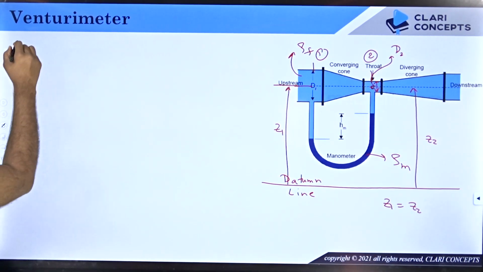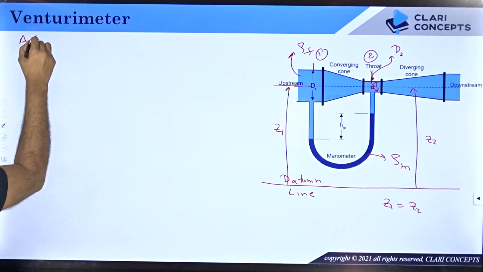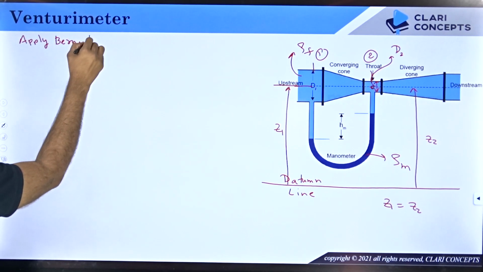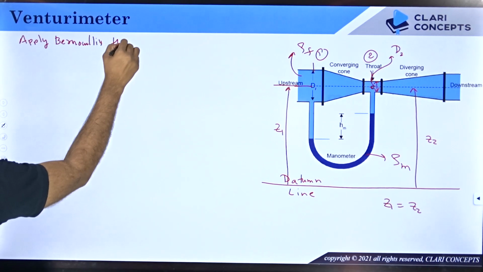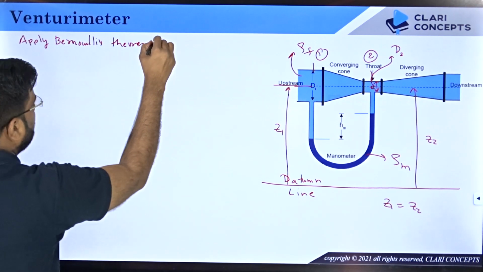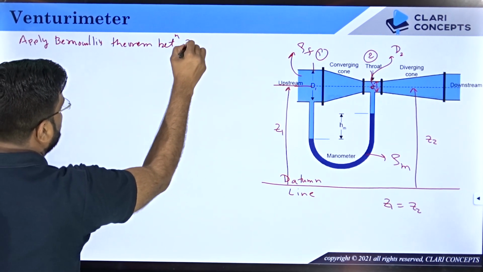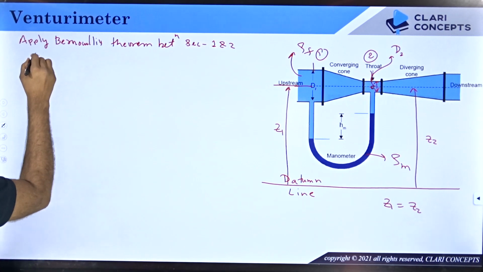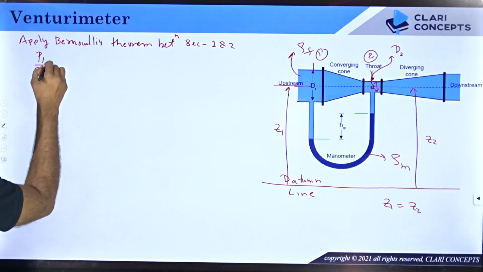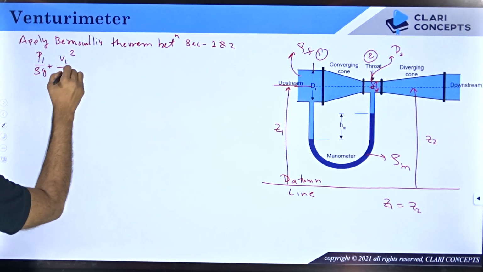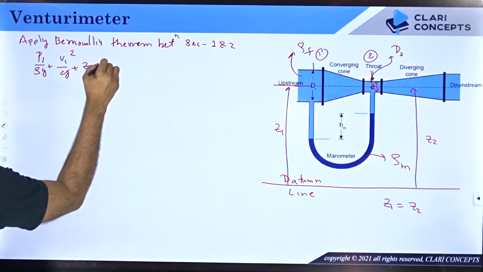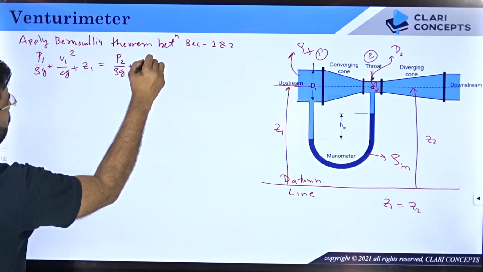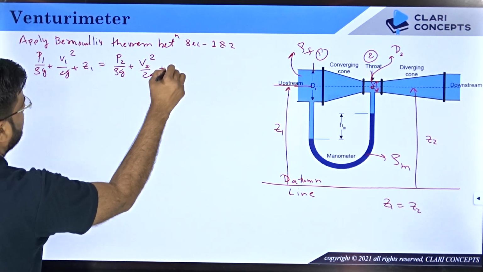So let me now apply Bernoulli's theorem between section 1 and 2. So when I do that, I will get P1 by rho g plus V1 square by 2g plus Z1 equals P2 by rho g plus V2 square by 2g plus Z2.